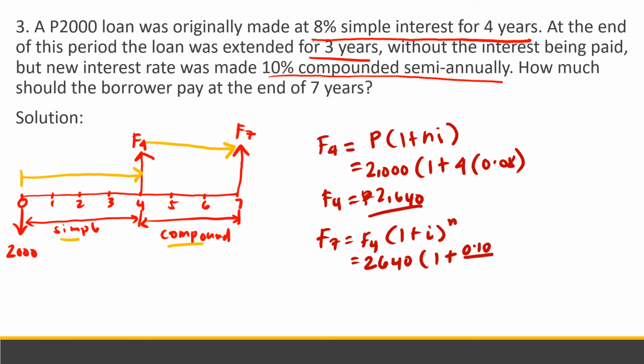Semi-annual means twice in a year, for 3 years. So this is 3 years, then semi-annually.